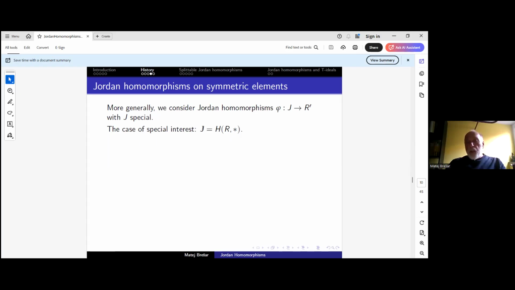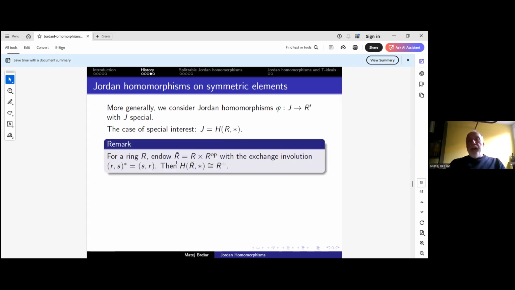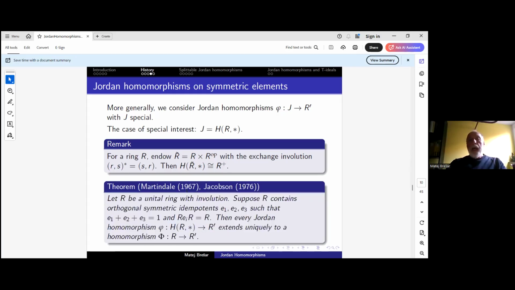And the ones of special interest are symmetric elements or Hermitian elements. So in fact, this special Jordan algebra, the Jordan algebra of the type R plus, is also of that type. Efim Zelmanov spoke about this. So this is very general. This is just what I wanted to say. This theorem was also mentioned yesterday in Zelmanov's talk.